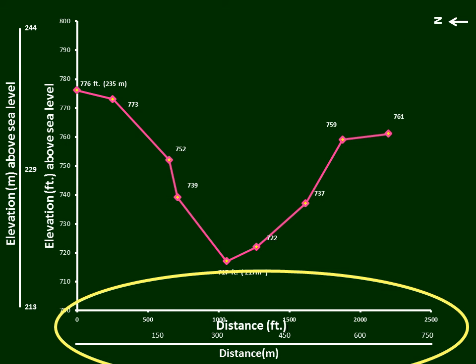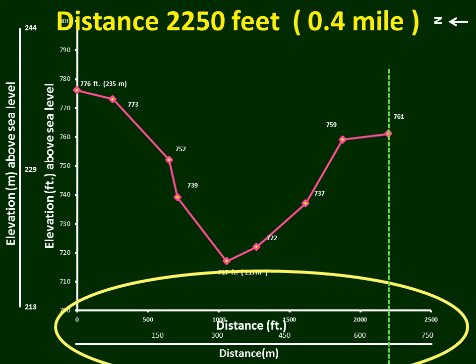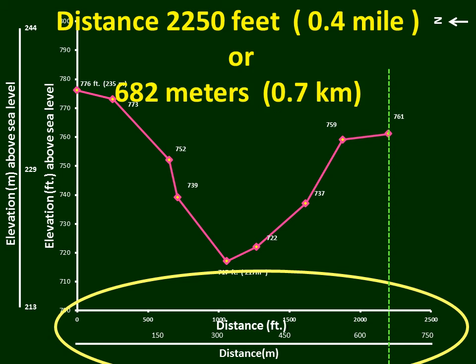As far as horizontal distance across this valley, we're really only talking about 2,250 feet or 4/10 of a mile, or about 682 meters or 0.7 kilometers from location 1 through location 9 on the right.